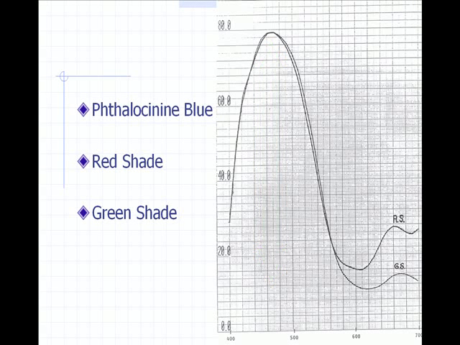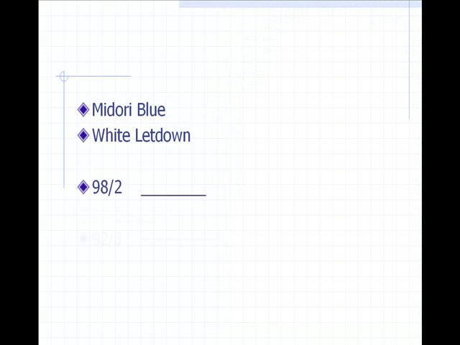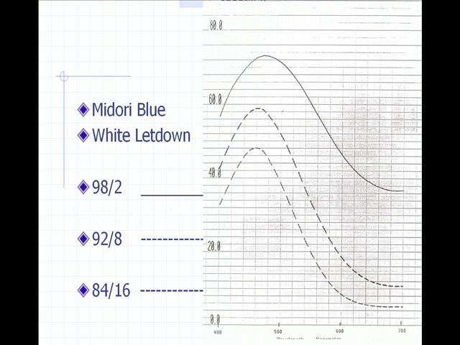If we compare it to Midori blue, which is also a blue pigment, but an inorganic blue pigment, which is much less chromatic, we see that there's a much smaller difference from the lowest part of the curve to the highest part of the curve. So that gives us a much less chromatic pigment. You can tell that by looking at the curve. We're not having to look at the actual chips. We could tell it either way.